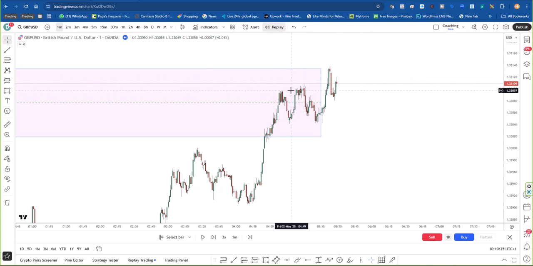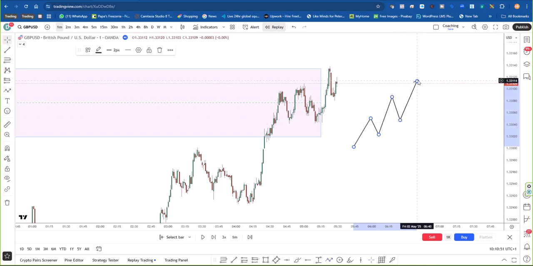One of the first things we want to see is that price will start to give us some liquidity build up. Normally, if price is going up, it's just breaking the highs and respecting the lows. All the lows are respected, price is not coming below, it's only breaking the high.